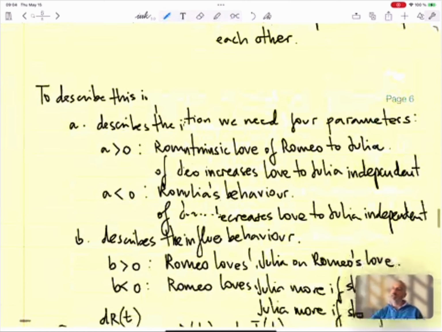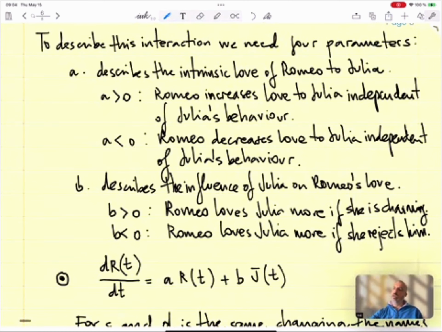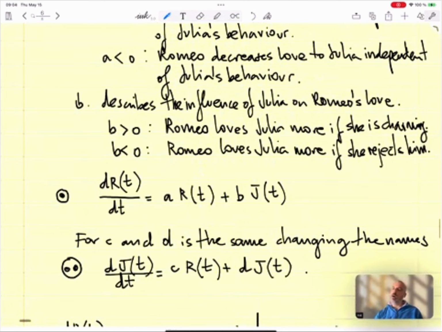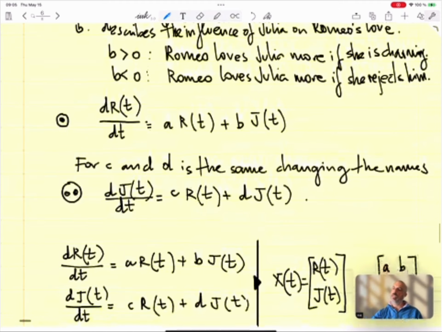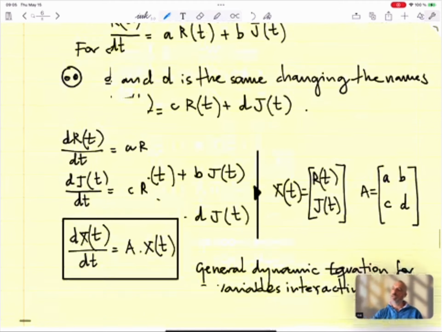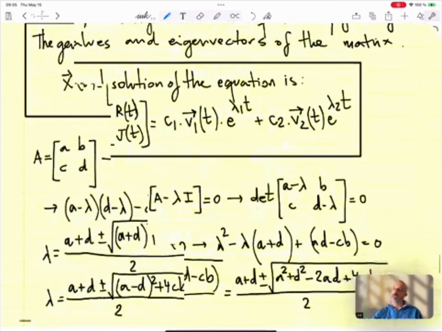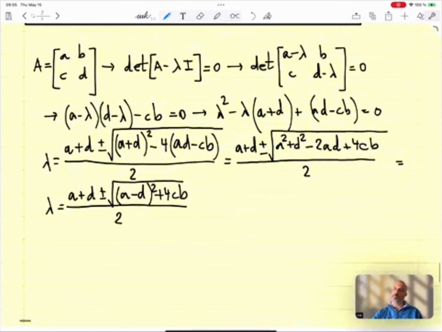A is the own love of Romeo. He's alone in his room and he falls in love or not, depending on whether it's positive or negative. B is the interaction parameter. C is the interaction parameter, okay? So, good.